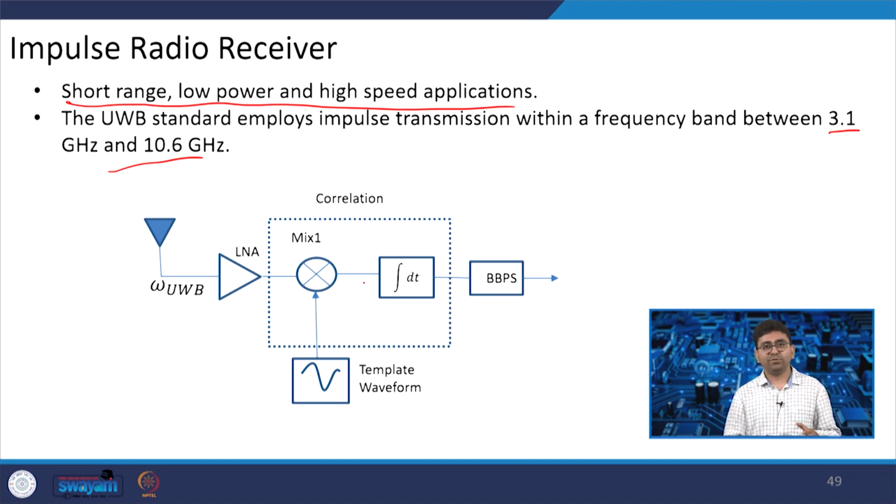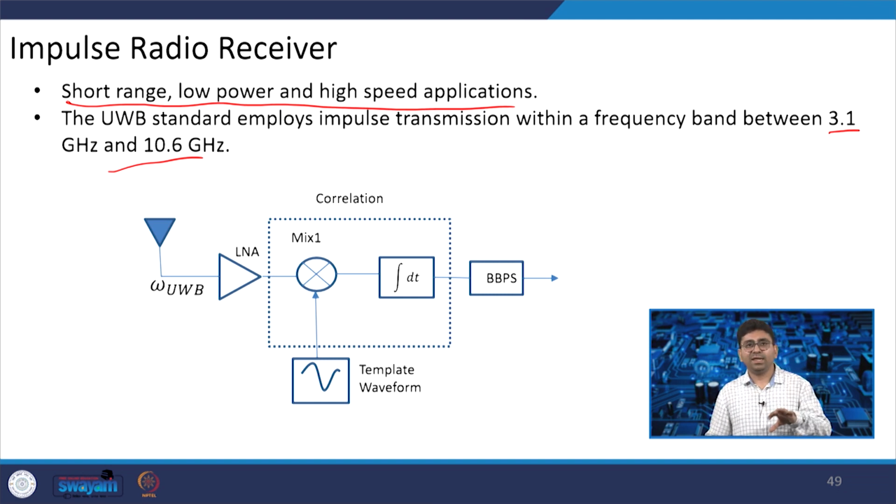So, it is mostly used in radar application, where you send a pulse and then try to receive the pulse and find out the distance between the object and the receiver.